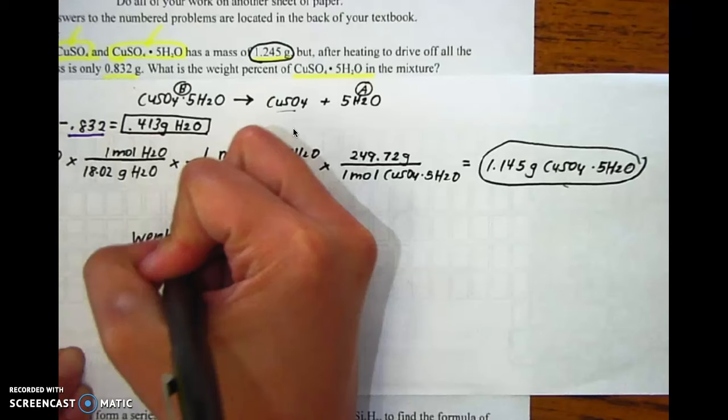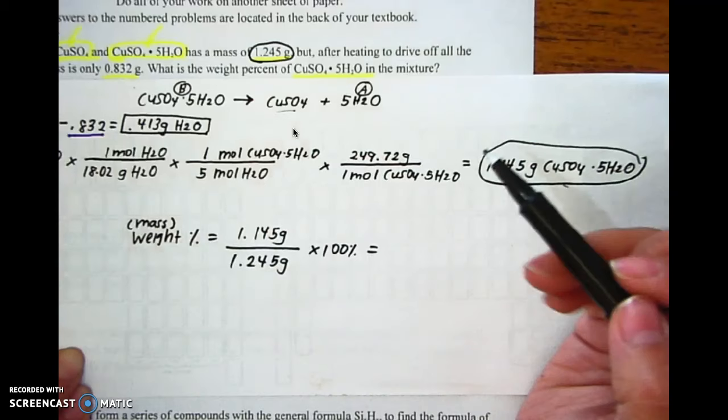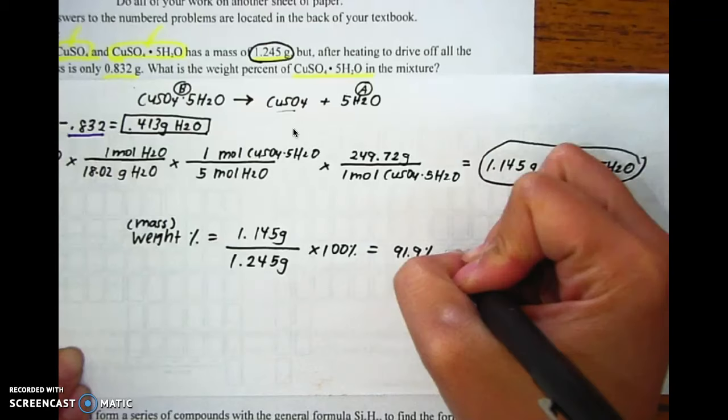So it's 1.145 grams over the entire mass, times 100. With three significant figures, because I started off with 0.413 or 0.832 grams, we end up with 91.9% of the mixture being made up of the copper sulfate pentahydrate.